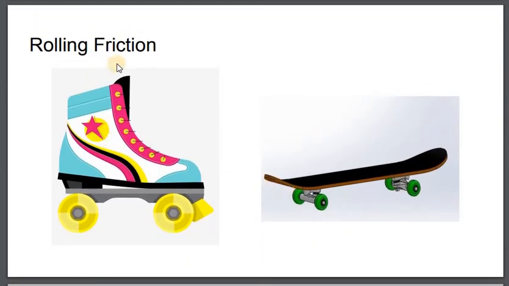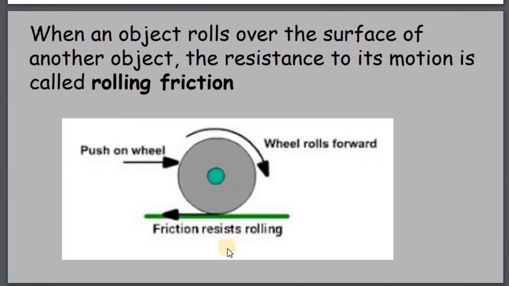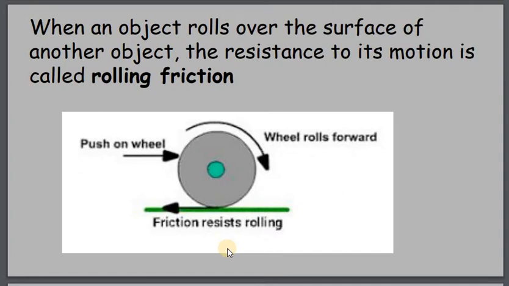Next type of friction is rolling friction. When an object rolls over the surface of another object, the resistance to its motion is called rolling friction. Here you could see the object is rolling and the friction is acting in the opposite direction.